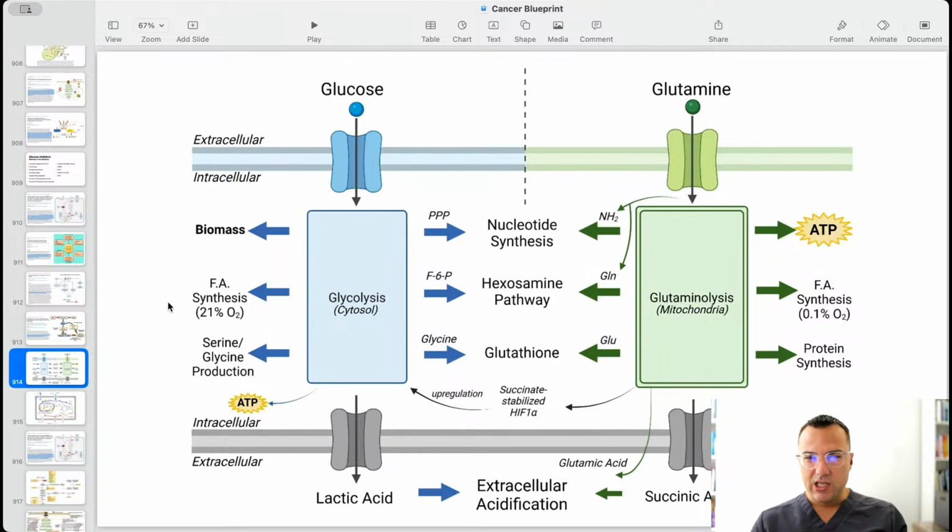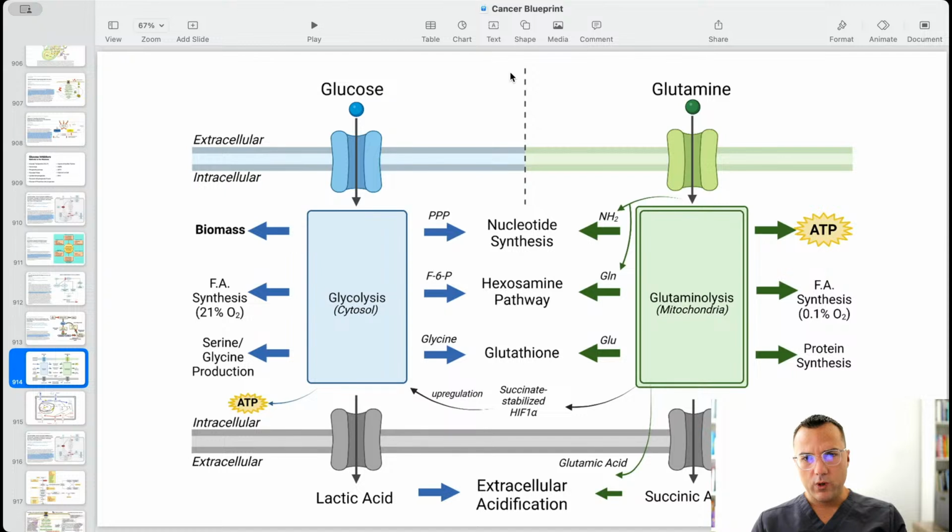I want to say it was like end of November, beginning of December 2024, so hot off the presses here. And we see here that these two molecules are of critical importance for the proliferation and continuation of cancer, uncontrolled cell growth, and ultimately disease progression.